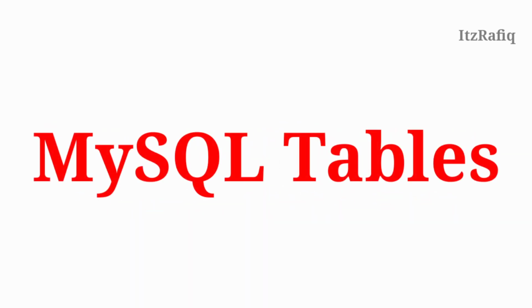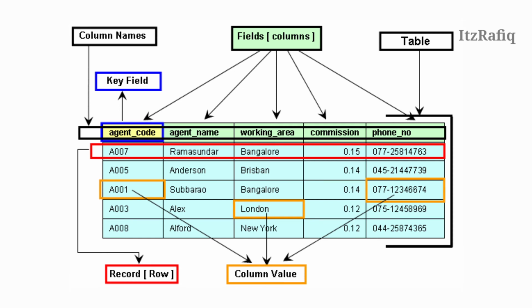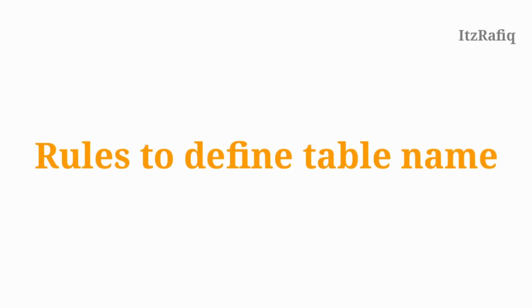MySQL tables. You have already learned that in MS Excel the table consists of rows and columns. Columns denote the fields and rows denote the unit, record or tuple of the fields. The number of rows denotes the cardinality of a table and the number of columns denotes the degree of a table. You have to follow some rules to define a table name in MySQL.